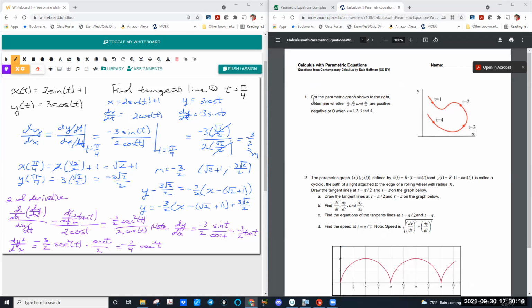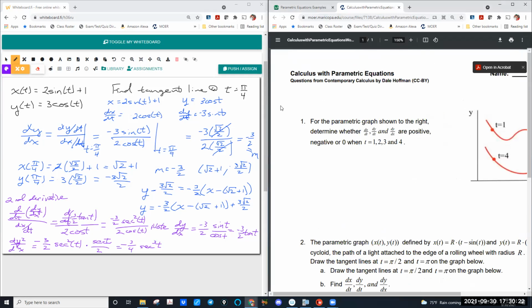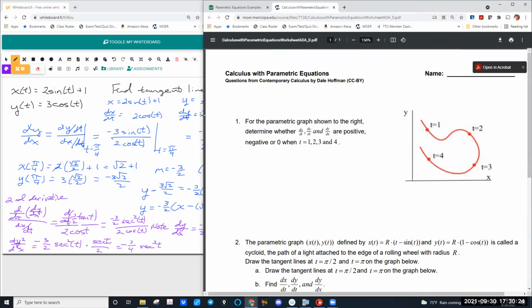All right, so what you're being asked to do is, let's zoom in, and I put it in chat, so you can bring up a copy if you need to. For the parametric graph at the right, determine whether dx dt, dy dt, dy dx are positive, negative, or zero at these points. All right. Let's talk about how we do that.